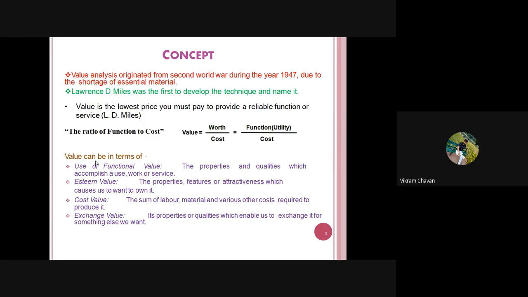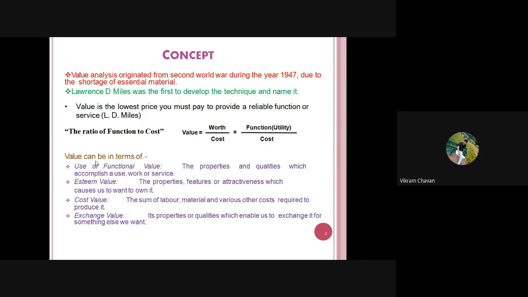Then the esteem value. Esteem value is nothing but when you pay the price for the attractiveness or attractive features of the product. Then the cost value: how much money is spent to produce or construct that particular product.